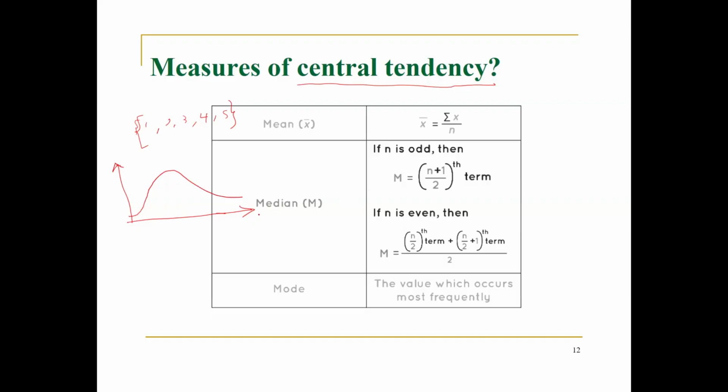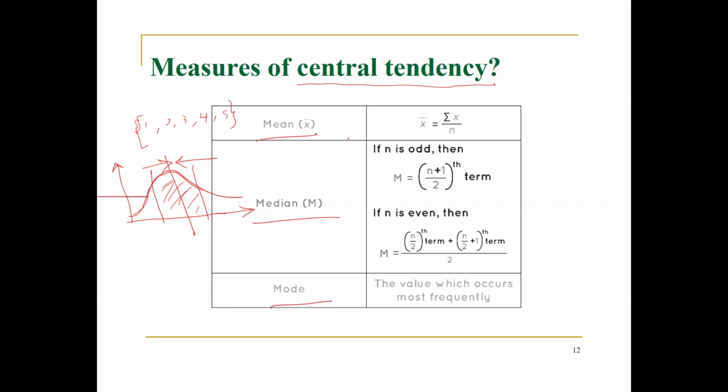The central tendency tells us where most of the data points are gathered. There are three measures of central tendency: mean, median, and mode.